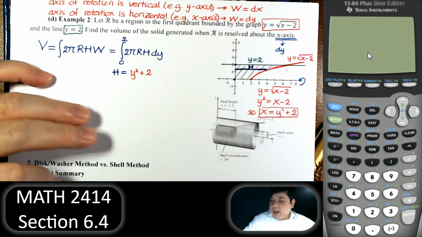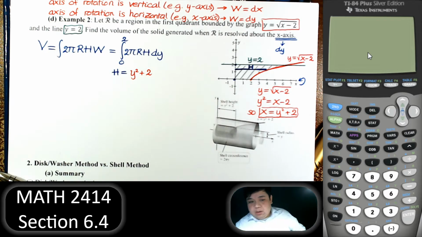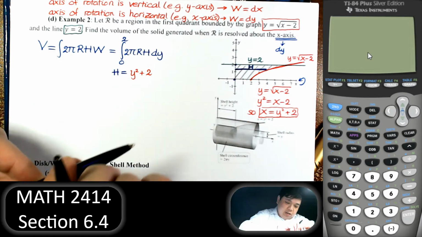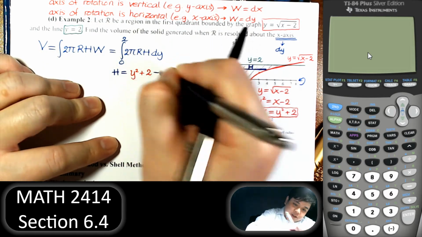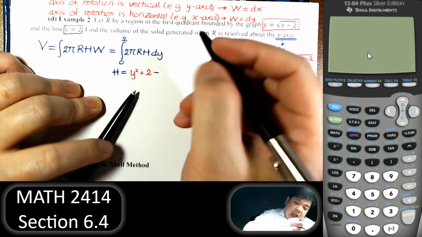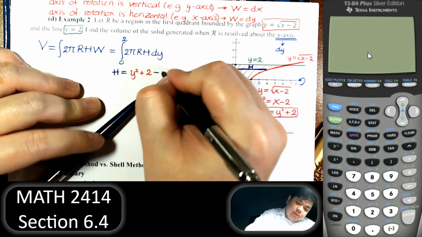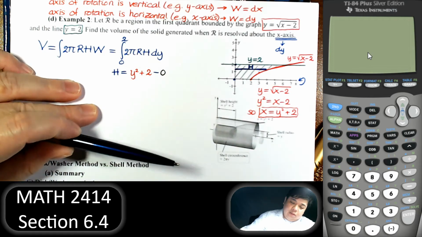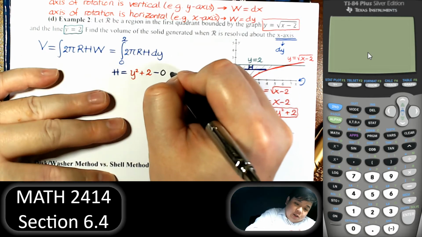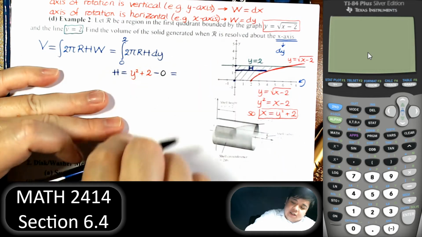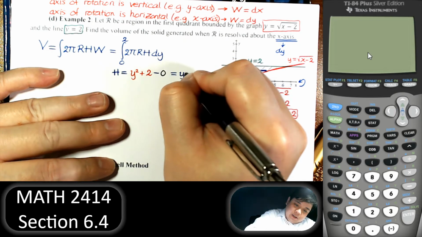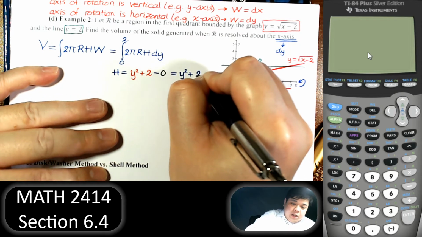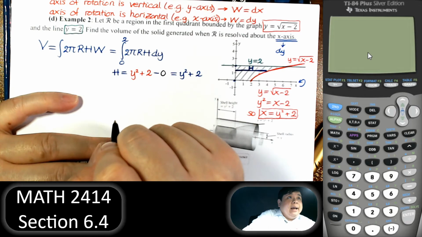And then we subtract the function on the left, which is the y-axis, or x equal to 0. So that's going to be y squared plus 2. That's the height.